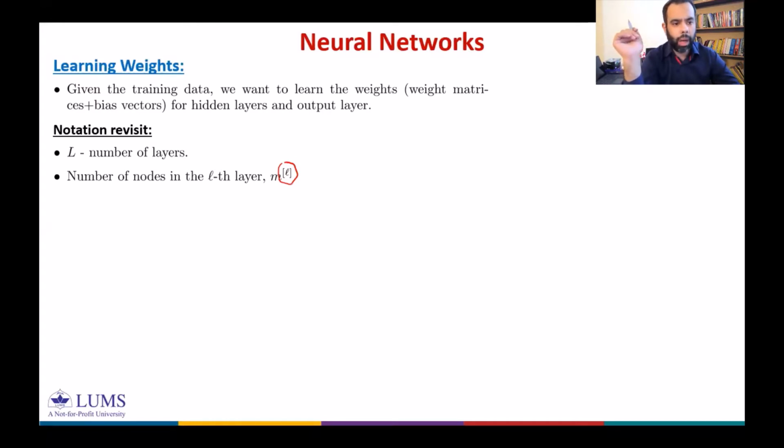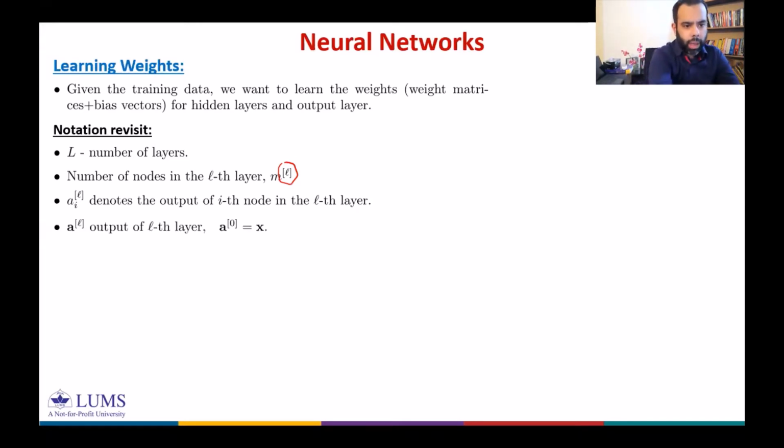A subscript i superscript [l] denotes the output of the ith node in the lth layer. And if I stack all of these outputs in one vector, I can define a vector A superscript [l], which is the output of the lth layer. What is the size of this vector?